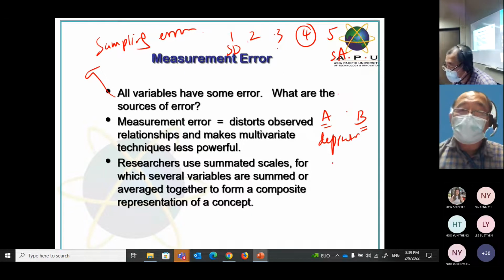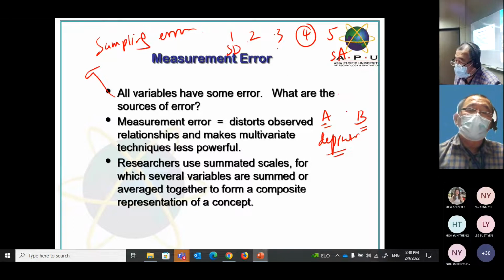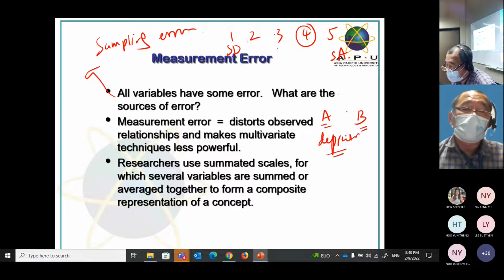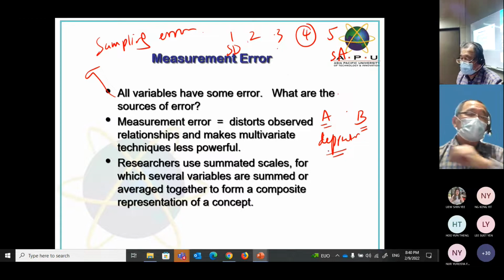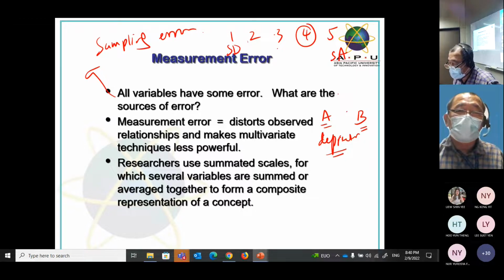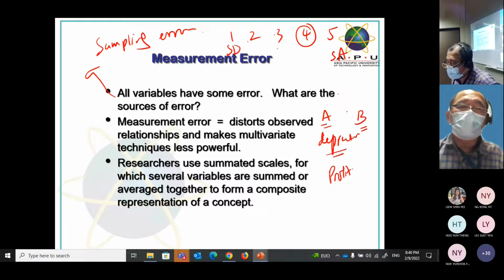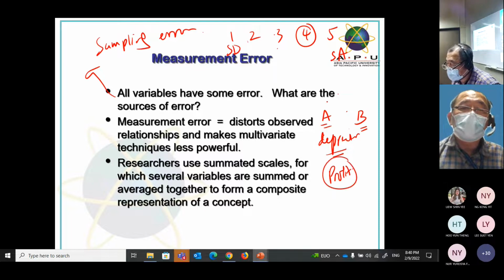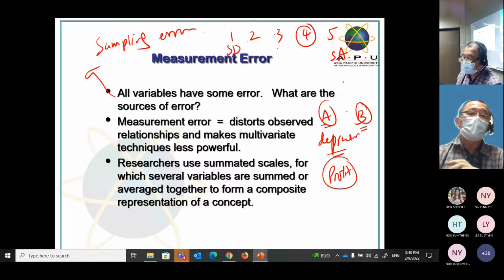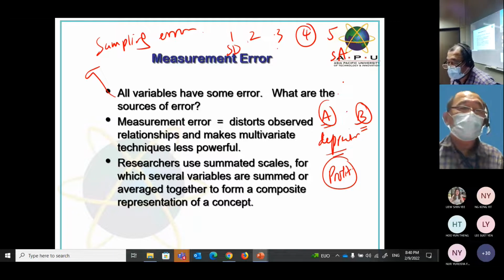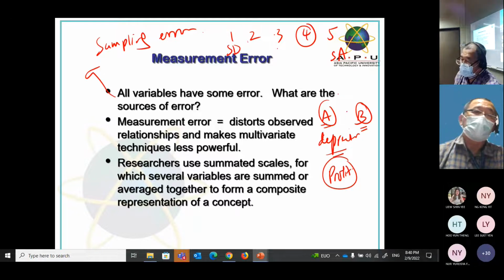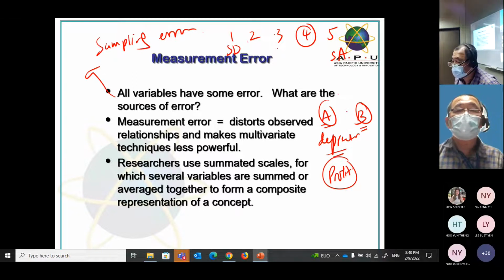Depreciation of the asset can be different in different countries, even in two different companies. Because different methods are used, this will affect the profit. Maybe you can compare the profit from company A and company B. This one may happen. We call this measurement error.